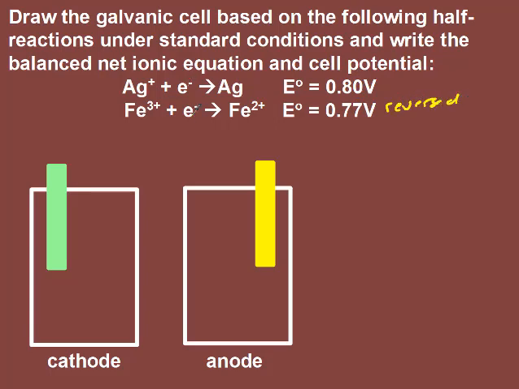We have 1 electron and 1 electron, so we don't need to multiply anything. So we have silver plus Fe2 plus yields Fe3 plus Ag. For our Ecell, we have 0.80 plus negative 0.77, which is equal to 0.03 volts.